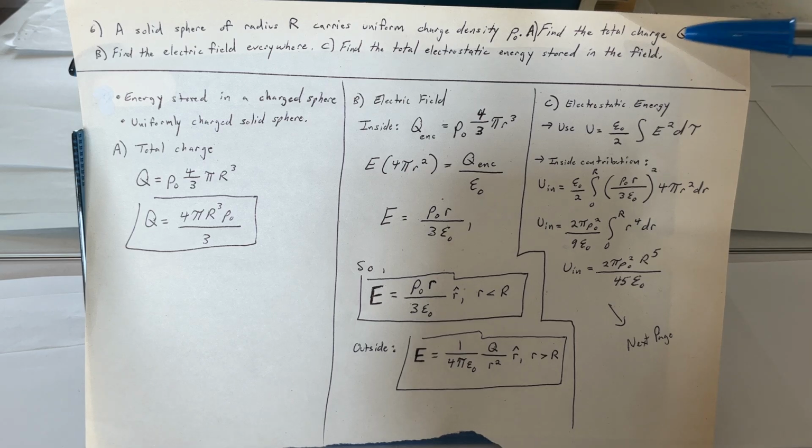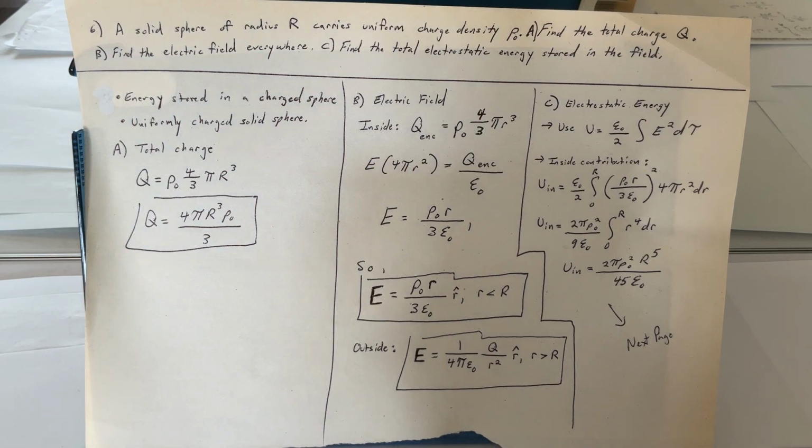And for part C, find the total electrostatic energy stored in the field. Well, what we could do there, for electrostatic energy, we could use this integral: U equals epsilon naught over 2 times the integral of E squared d tau.